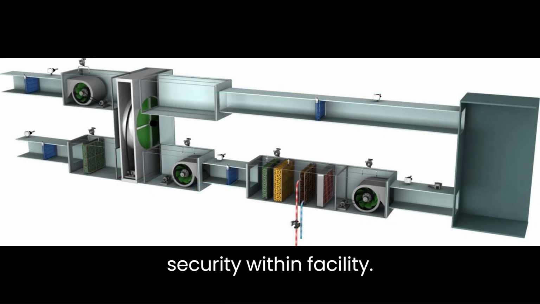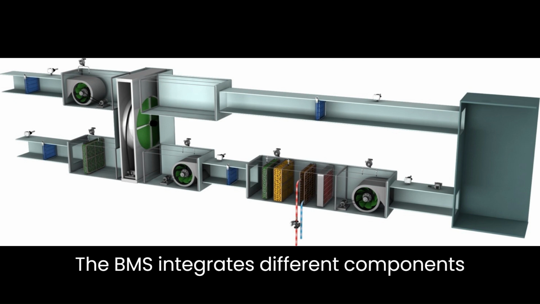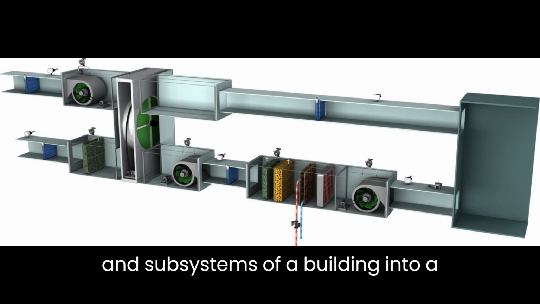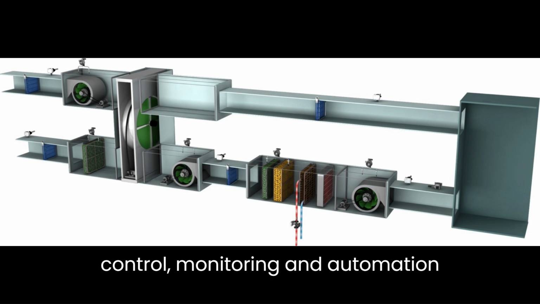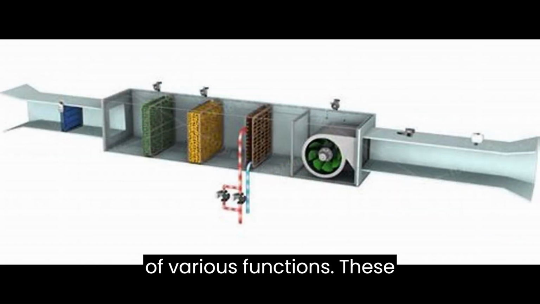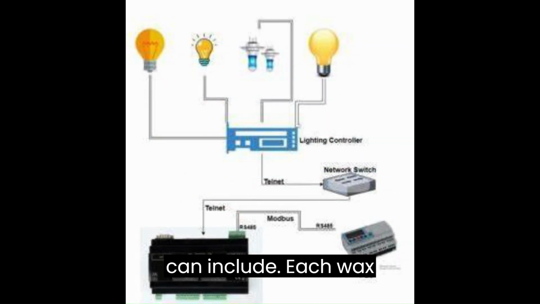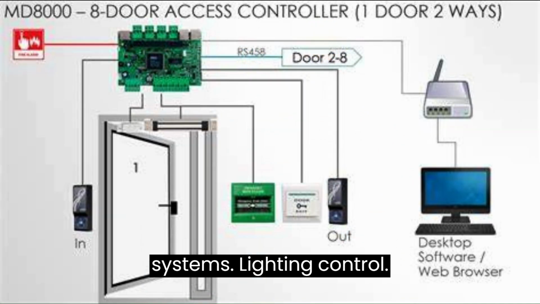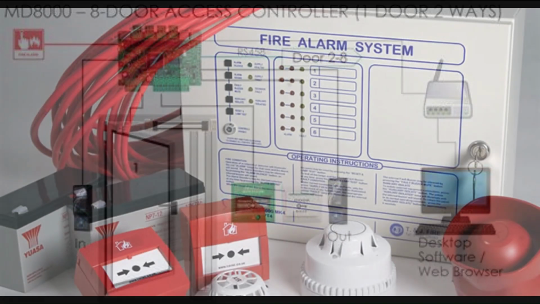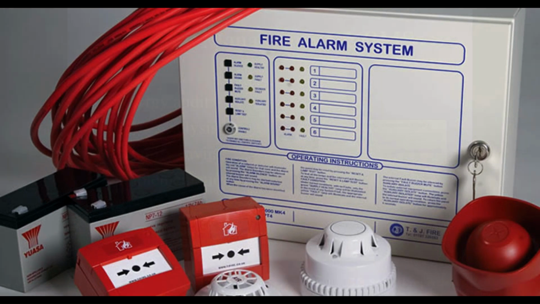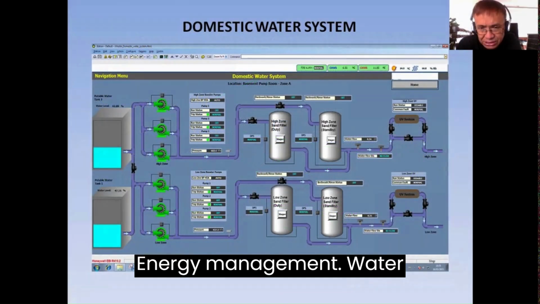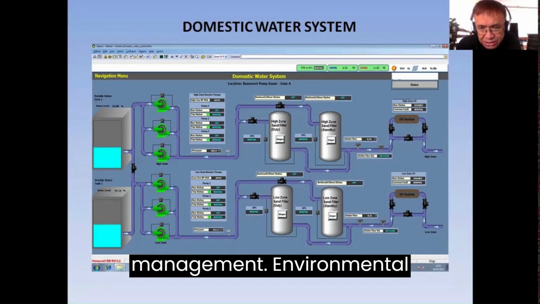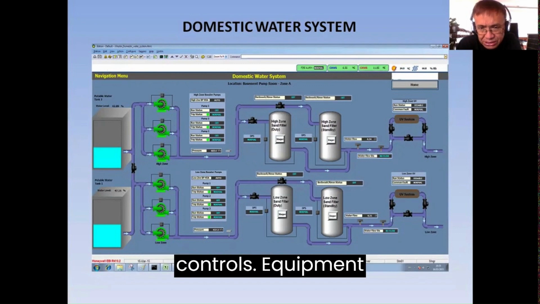The BMS integrates different components and subsystems of a building into a unified platform, allowing centralized control, monitoring, and automation of various functions. These can include HVAC systems, lighting control, security and access control, fire and life safety systems, energy management, water management, environmental controls, equipment monitoring and maintenance.